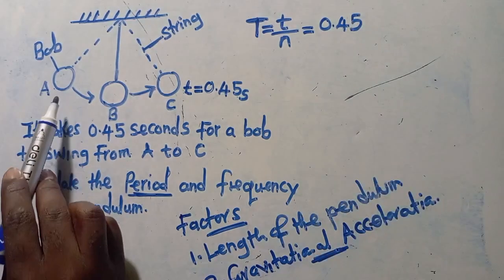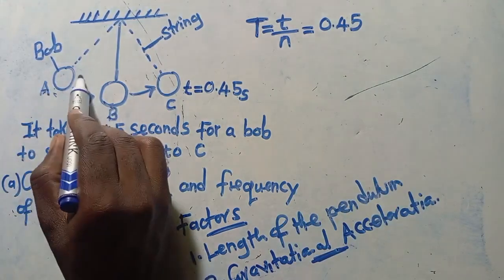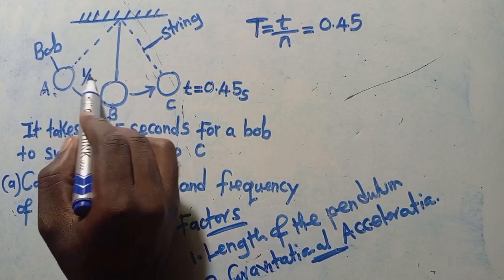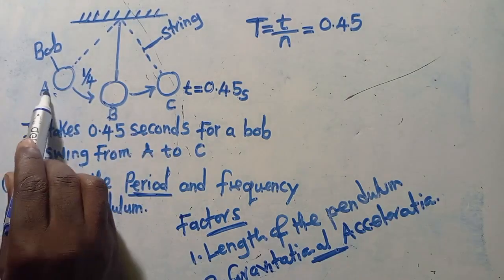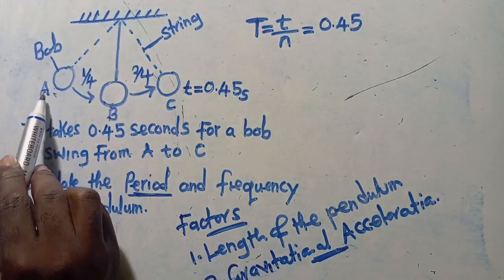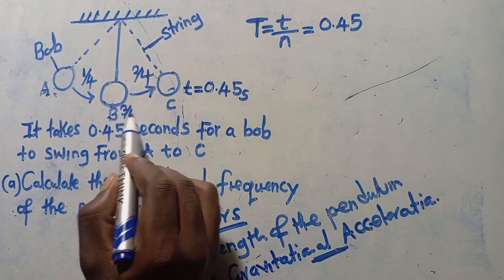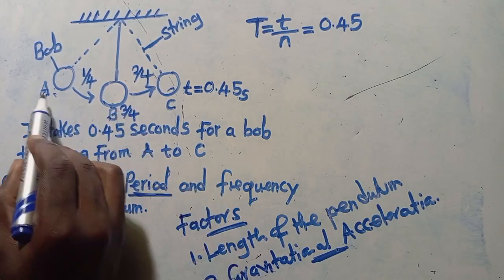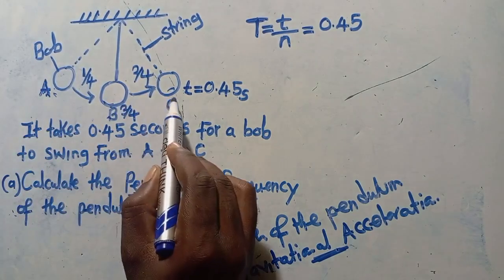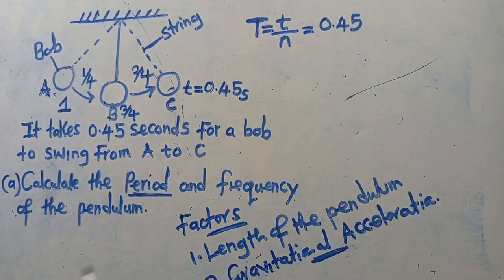Moving from A to B is covering 1 over 4. Moving from A to C is covering 2 over 4. When it moves from A to C and back to B, we say 3 over 4. Then if it moves from A to C and back to A, that is one complete oscillation.